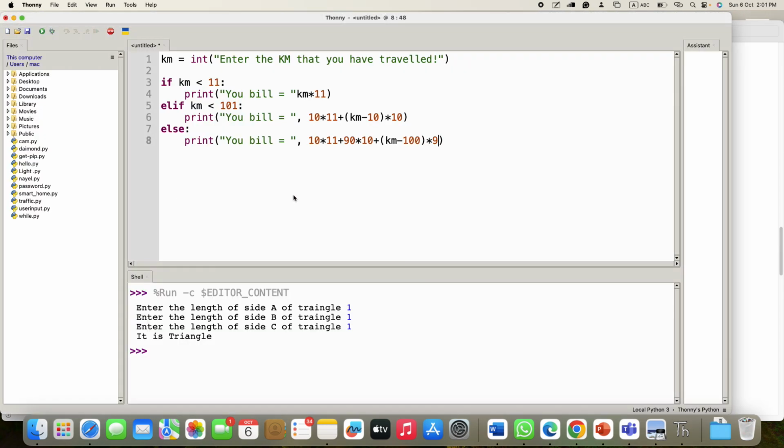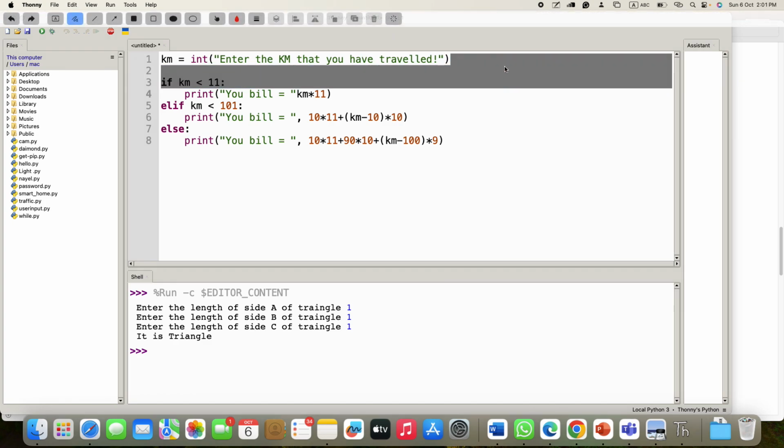Now, let me give you a use case here. Imagine you run this program and the guy enters 120. Right? Now, it will check, is it less than 11? No. It comes here, is it less than 101? No, it will come straight to the else part.